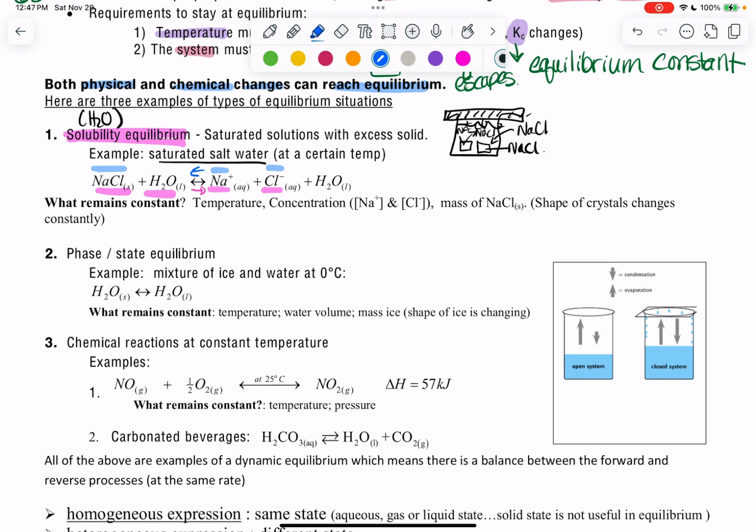So here's another way that we can write our equilibrium expression. We could use a double-ended arrow, and this double-ended arrow means that it's a 50-50 sort of reaction, right?